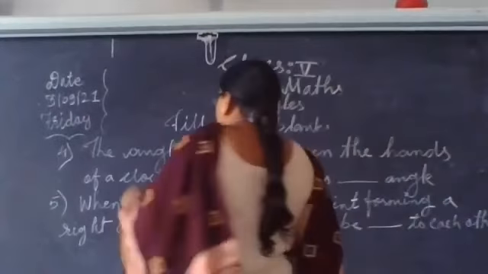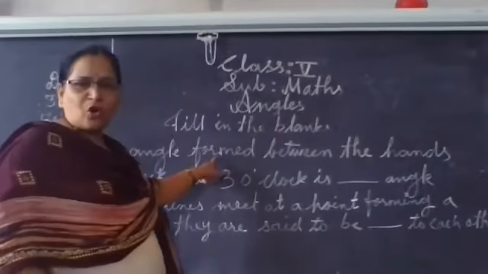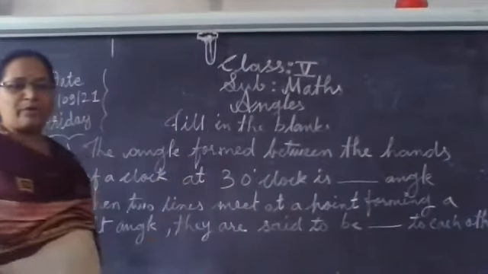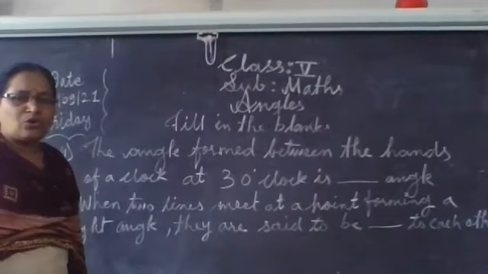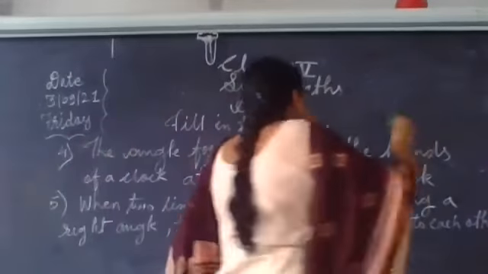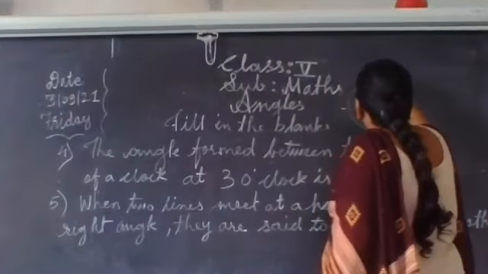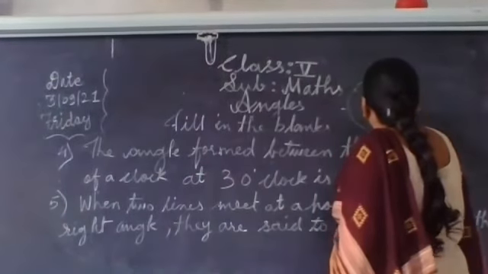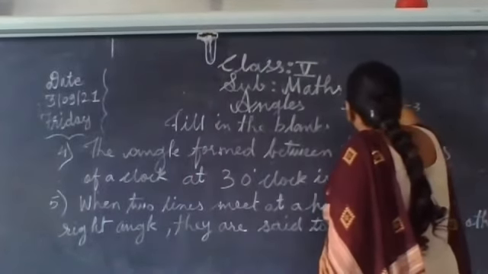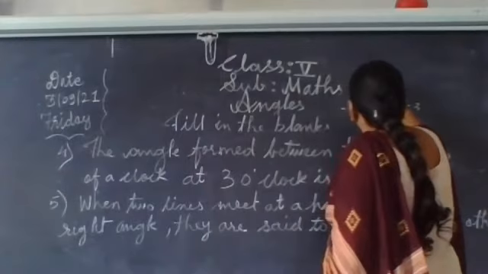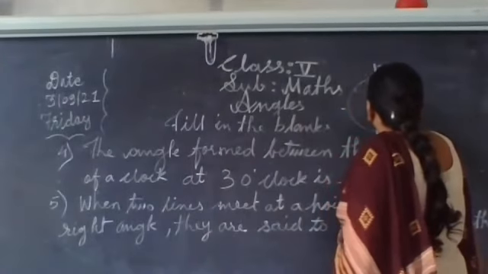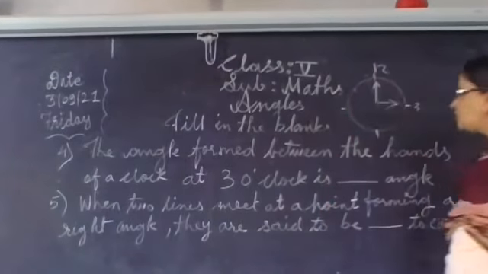Now see the angle formed between the hands of a clock at 3 o'clock. Suppose it is a clock. Here is 12 and here is 3, and the small hand is on 3.